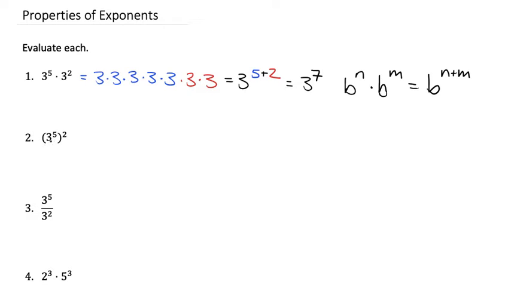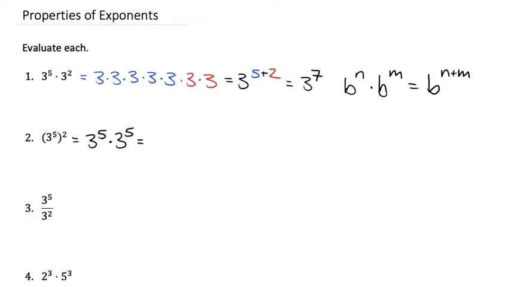For number 2, we have 3 to the 5th, and then that's raised to the 2nd power. Notice that this looks different from the first example in that the 2 here is not on a base of 3. What this means is that I have 3 to the 5th squared. So I have 3 to the 5th times 3 to the 5th.